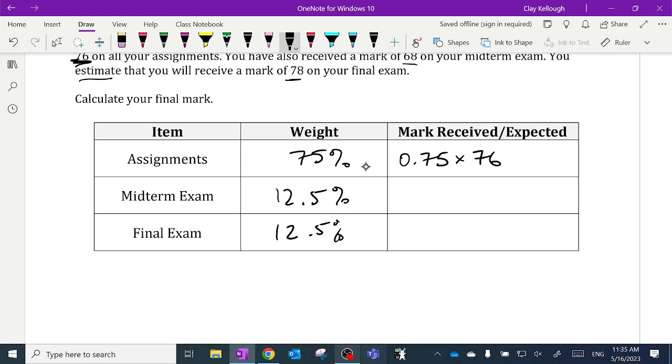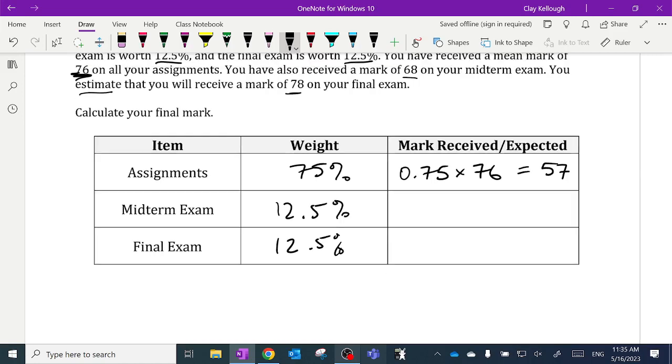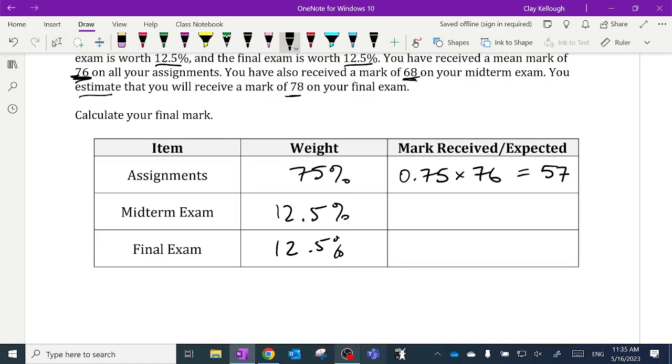Remember 75% is 0.75? And I punched that button already. It's 57. What did I get on my midterm? Oh, I only got 68 on my midterm exam. 12.5%, which is 0.125 as a decimal, of 68 is 8.5 for my expected.